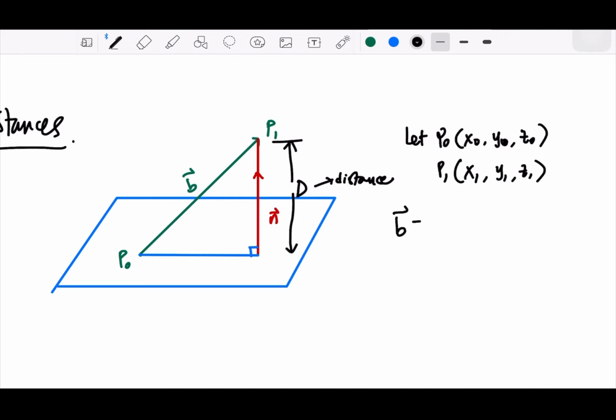Then the vector b we can write as x1 minus x0.